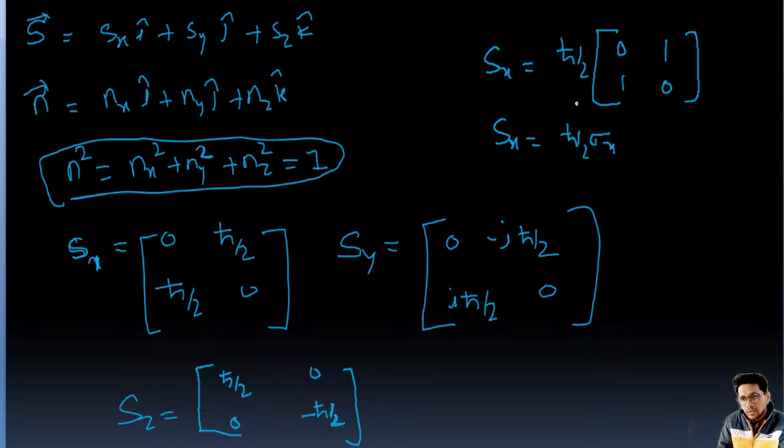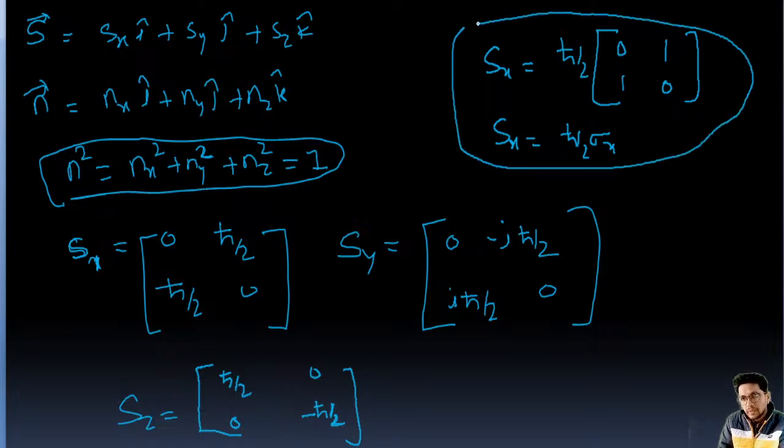So by this we got the values of S. Similarly, because we know the Pauli matrices sigma x, sigma y, sigma z, this is sigma x, and similarly sigma y we can find out: 0, minus iota, iota, 0.